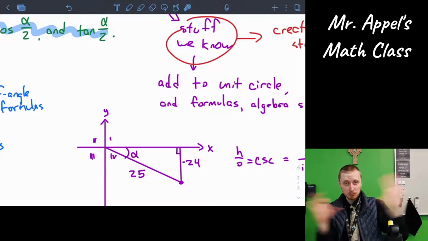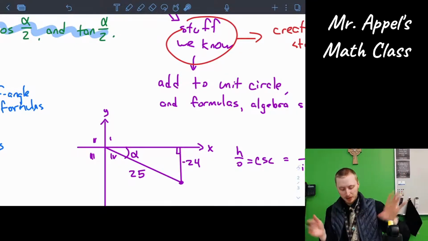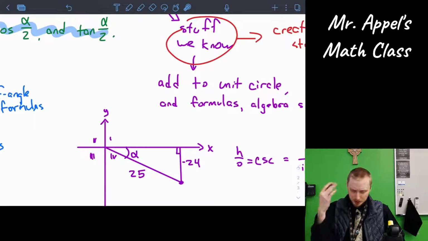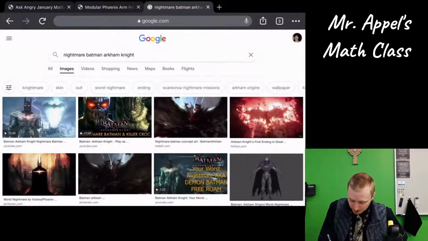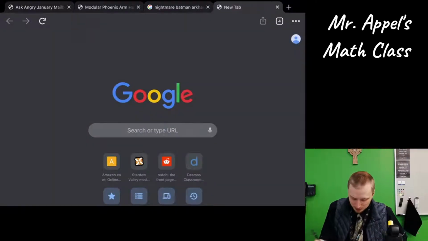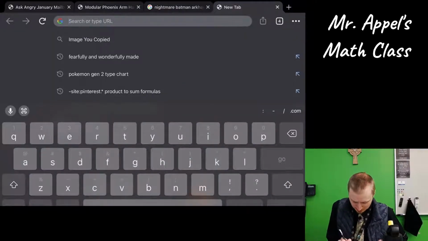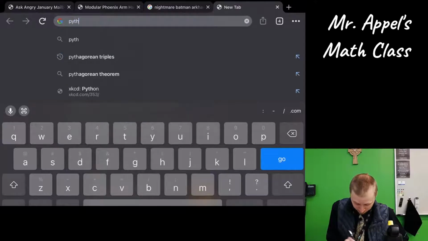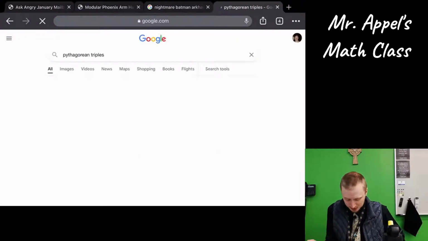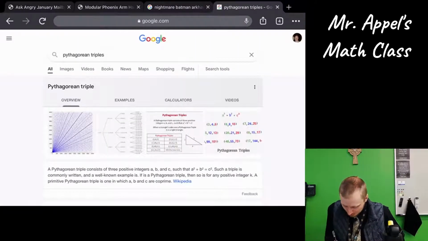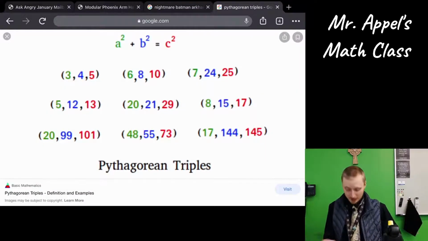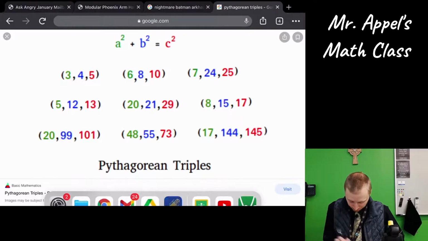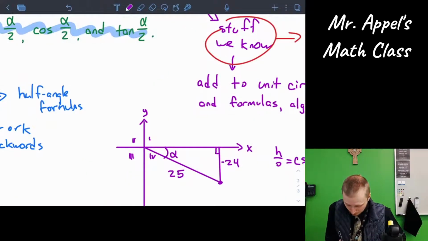I mean, you can go the full length, Pythagorean theorem, c squared equals a squared plus b squared, right? But let's double check. I think it's a Pythagorean triple. Never mind that I was looking up Batman costumes. Pythagorean triples, something 24, 25. Oh, there it is. You see it? 7, 24, 25. Yes. Awesome. It's going to save me a bit of time.